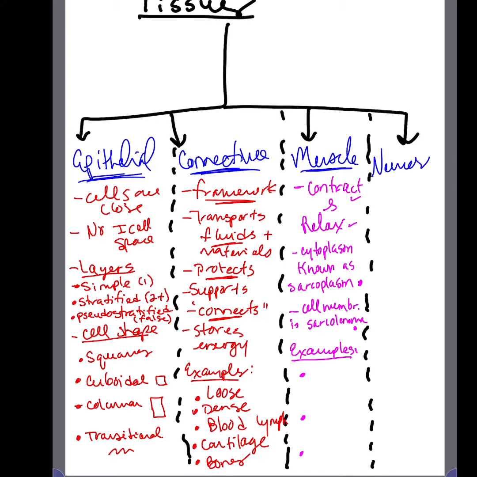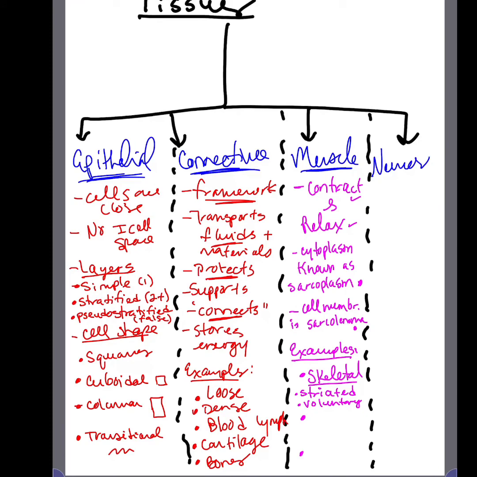Some examples of these muscle tissue is going to be the skeletal muscle. And as the word implies, skeletal means that it connects with your skeletal system, your bones, in order to move. The characteristics of the skeletal muscle is that it's striated and is voluntary, meaning that you can control it.